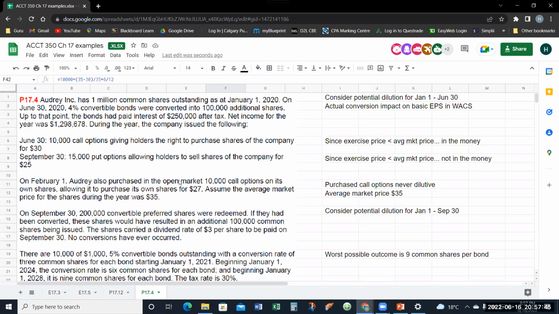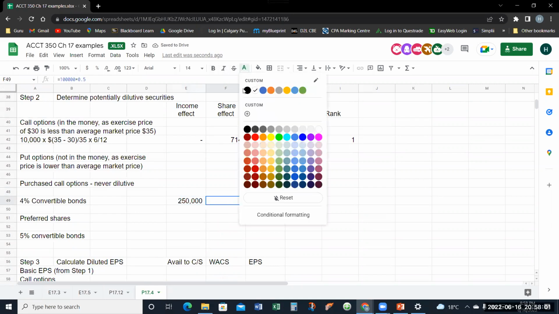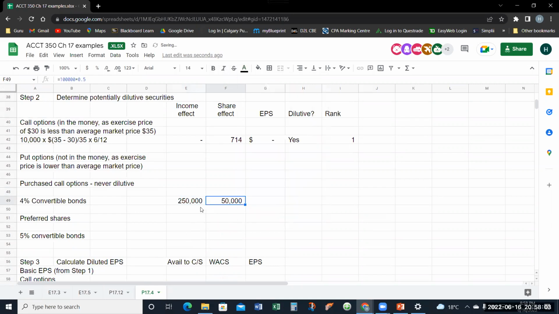250,000 is the income effect because from Jan 1st up to June 30th, we had paid interest of 250,000. So on the convertible bonds, the income effect is 250,000. The share effect is 100,000 times half, so 50,000. When I divide 250,000 by 50,000 shares, I get an individual EPS of $5.